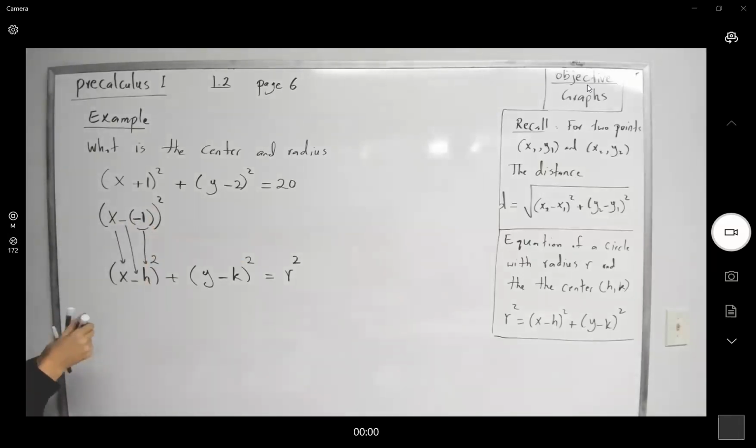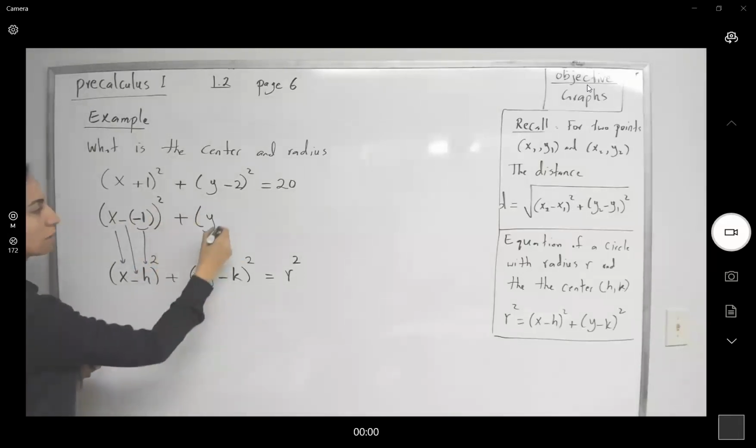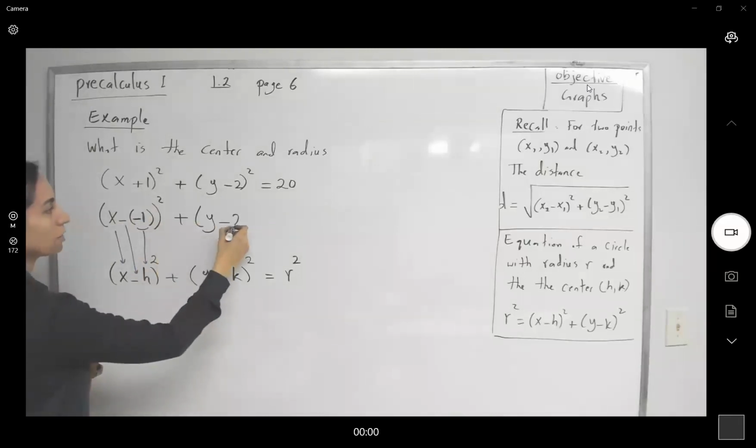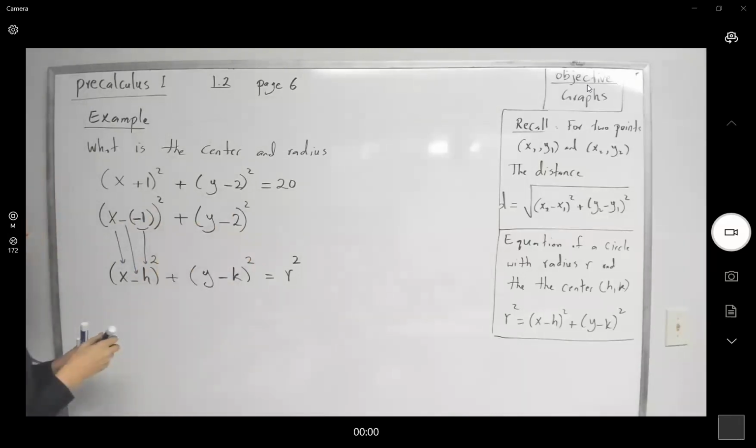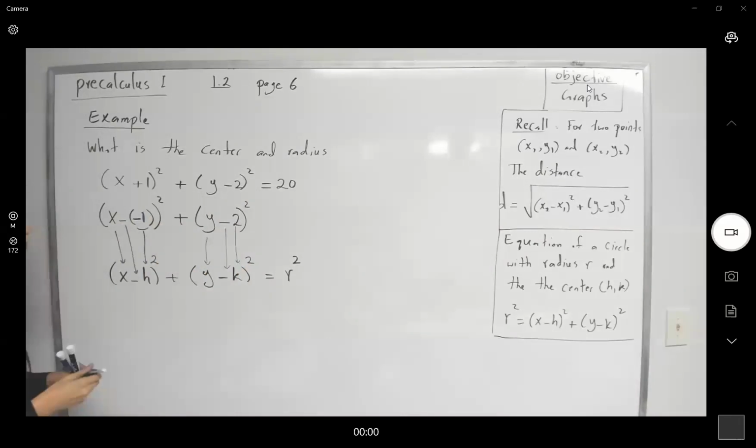Plus, here I have y. Do I have a negative sign? Yes, I see a negative sign. Do I have a number? Yes, I have that number to the power 2. So far I'm good for the second quantity. y and y, negative and negative, k and 2.